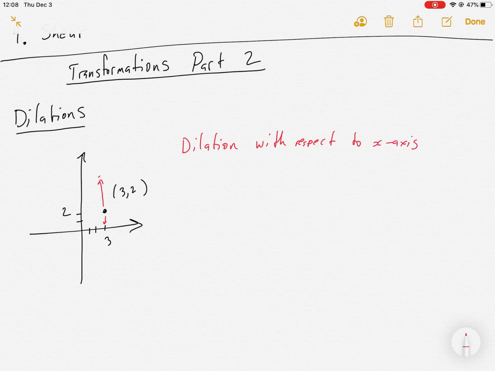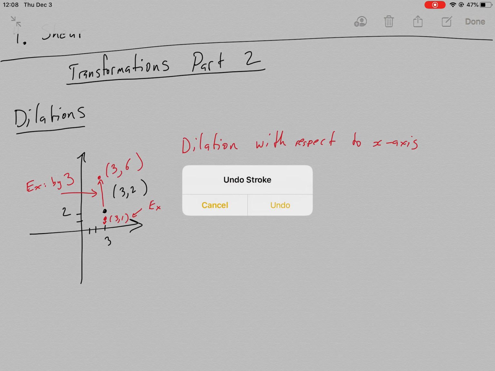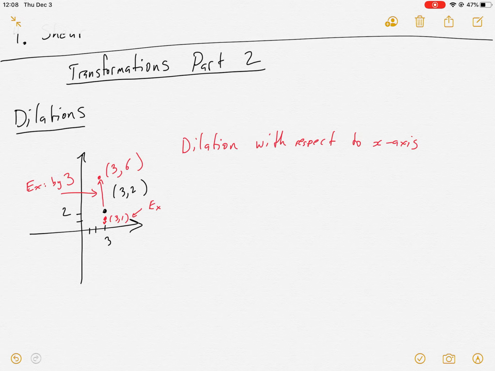And in this case, let's say I moved it up here to (3, 6). This example would be dilation by a factor of 3. Or maybe I move it down here to the point (3, 1). This would be a dilation by about a half.